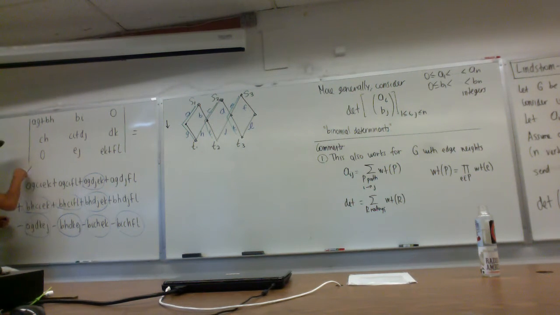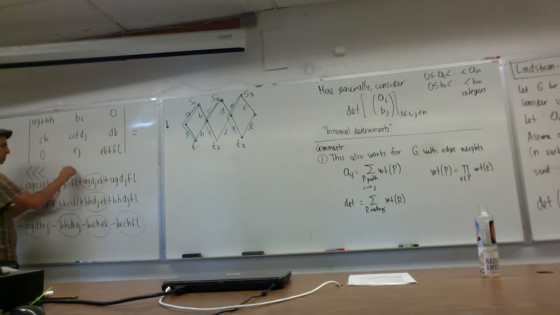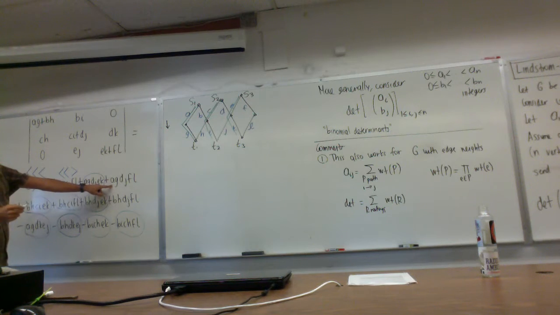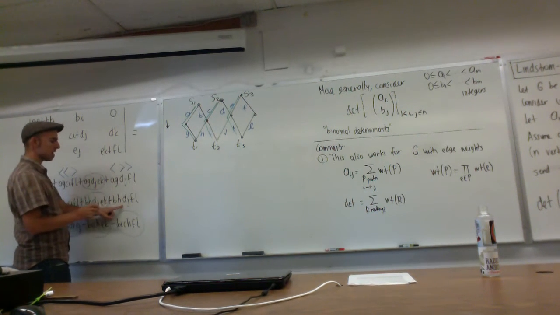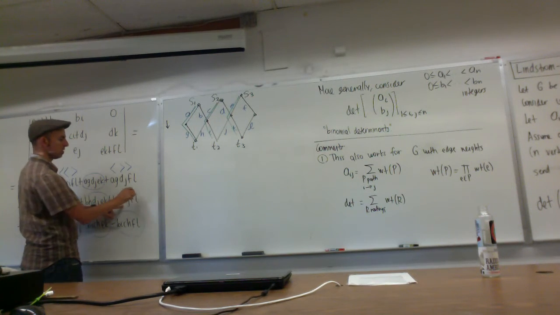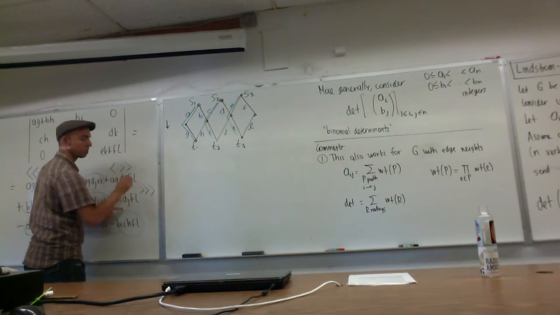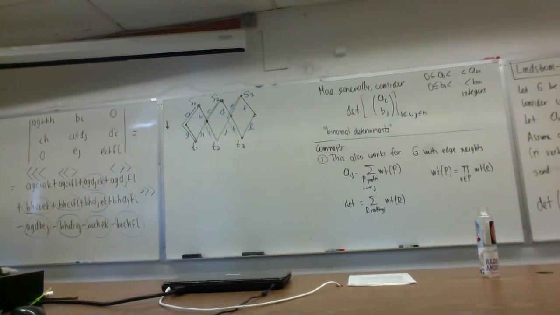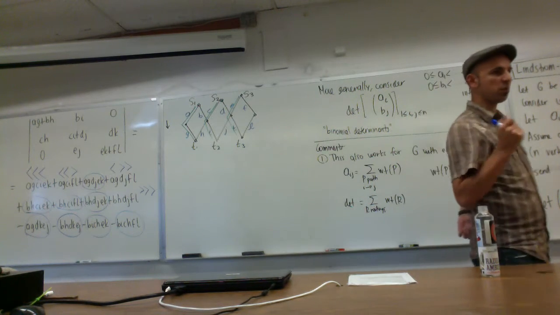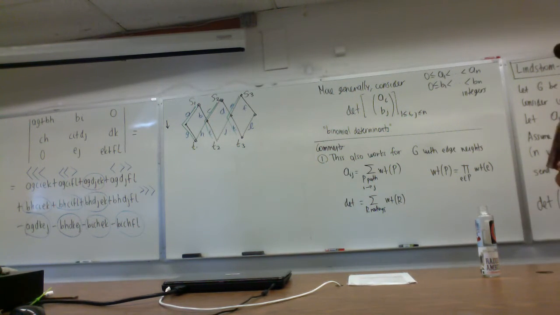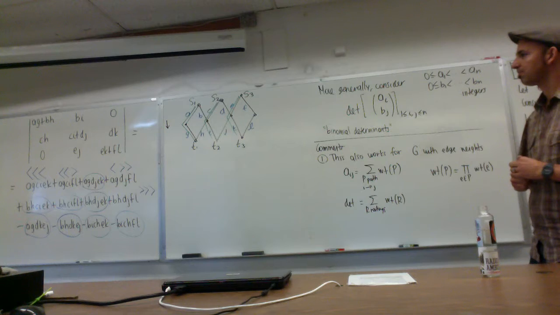AGCIFL is this routing. AGDJFL is this routing. And BHDJFL is this routing. And everything is cancelled out. So the magic here is that everything cancels except for the routings. So you get precisely the routings.